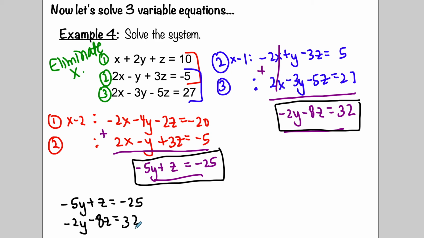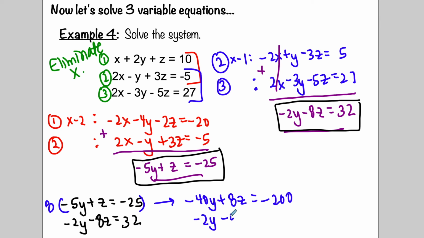Now, let's see. I'm going to eliminate z. It looks easiest if I eliminate z. I'm going to take the top equation times 8, so that z becomes a positive 8. I got negative 40y plus 8z equals negative 200. And then I have negative 2y minus 8z equals 32.